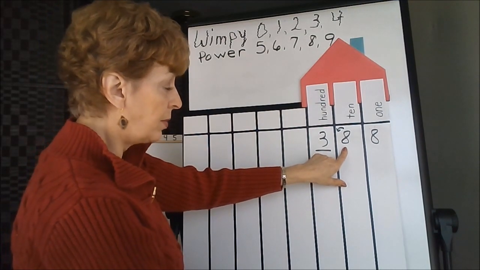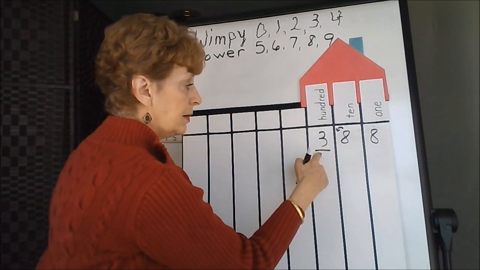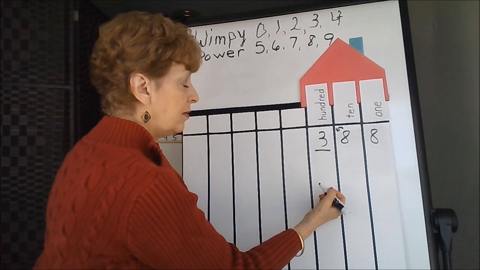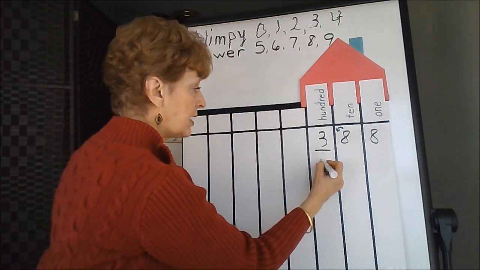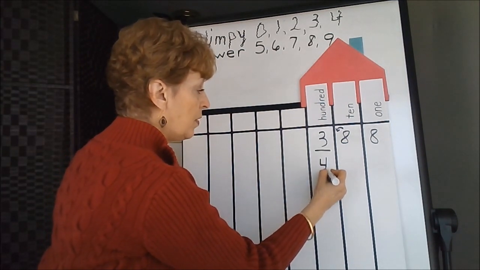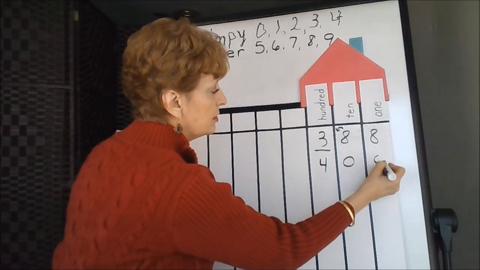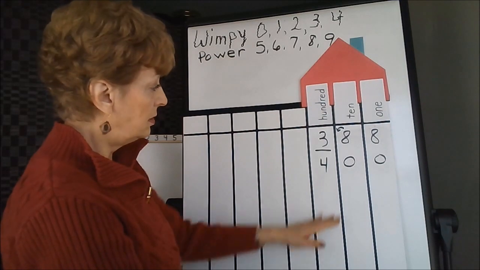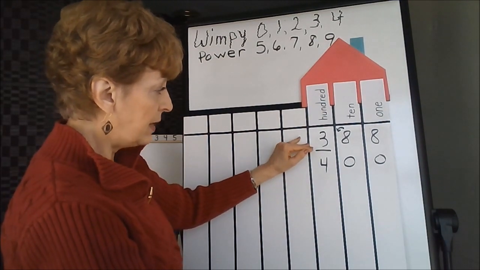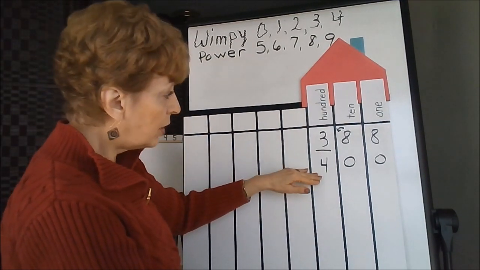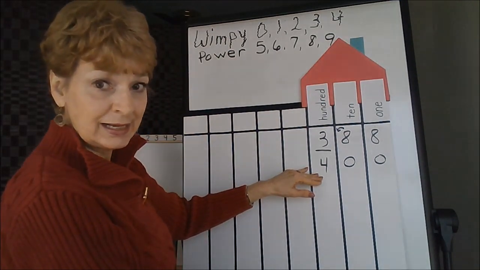It's a power number, so our focus number in the hundreds column changes to a 4. It's bumped up 1, and the rest of them to the right change to zeros. 388 is closer to 400 than it is 300.